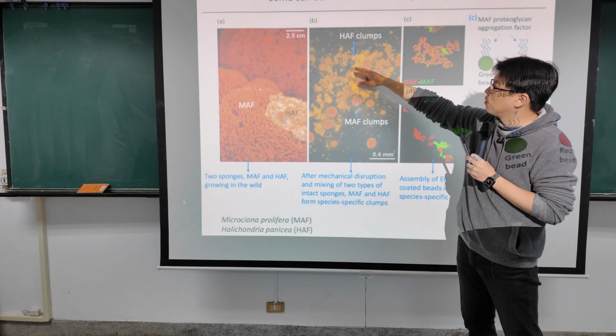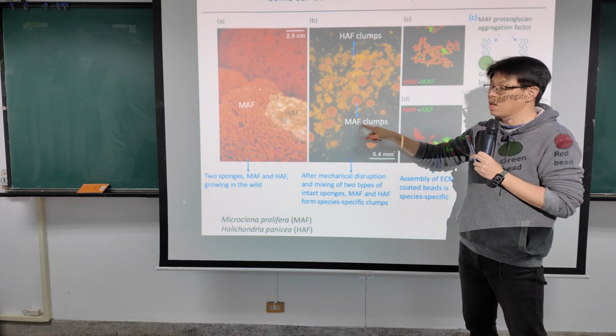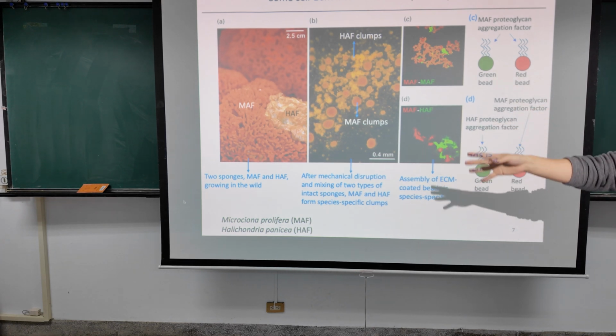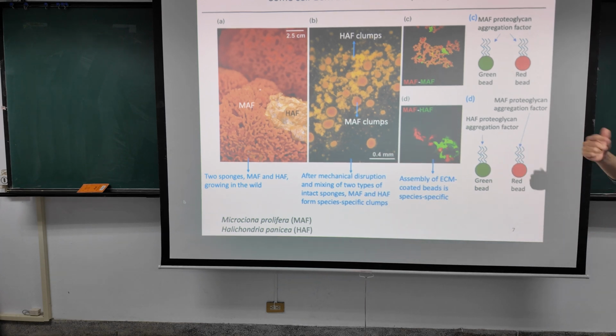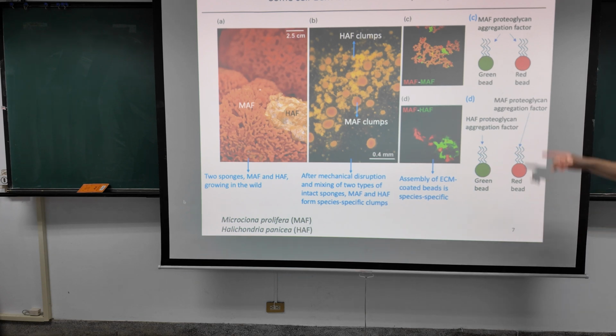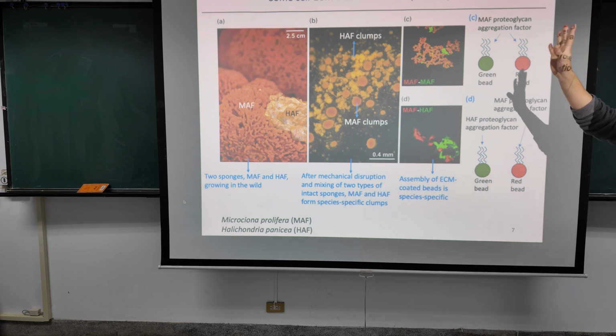The HAF will not mix with the NAF. So the two species don't mix with each other. How can they achieve this? Researchers found this is contributed by their extracellular matrix. That is why it is titled: some cell-ECM interactions are species specific.